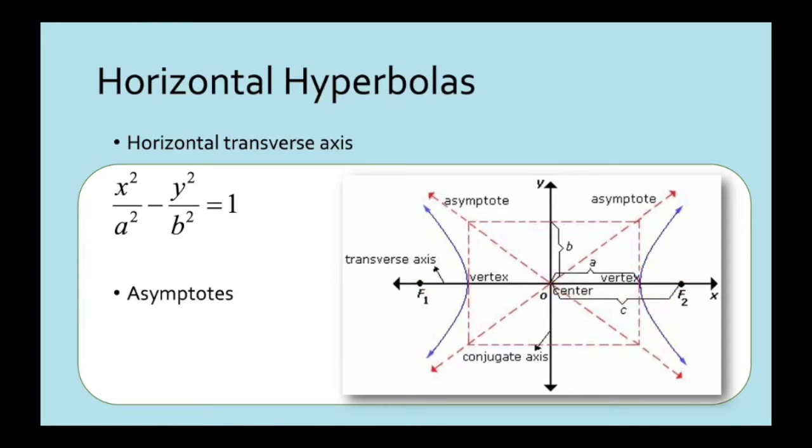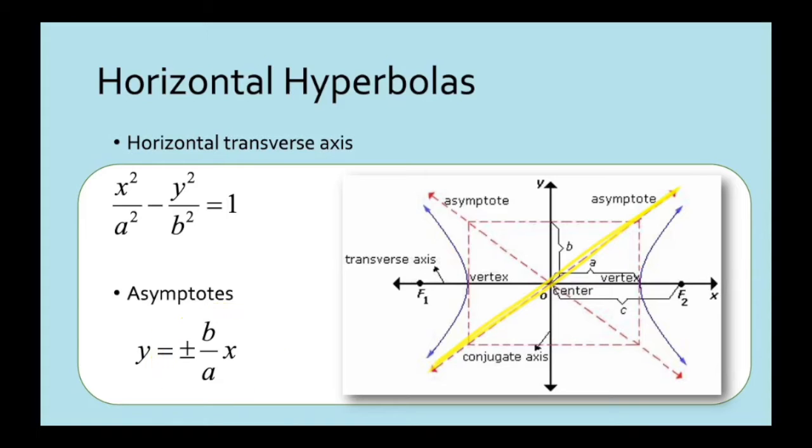We have an equation that helps us find our asymptotes, and that's y equals plus or minus b over a times x. I prefer not to memorize this formula at all. There's two methods. We'll go over one of them later, but the first method that I prefer is that this asymptote right here is just a line, and this is an equation of a line. This is just the slope.